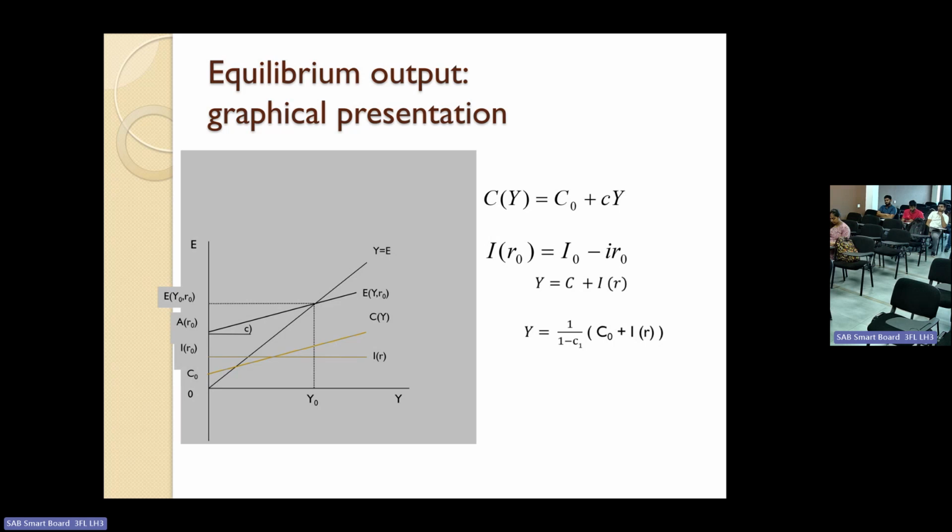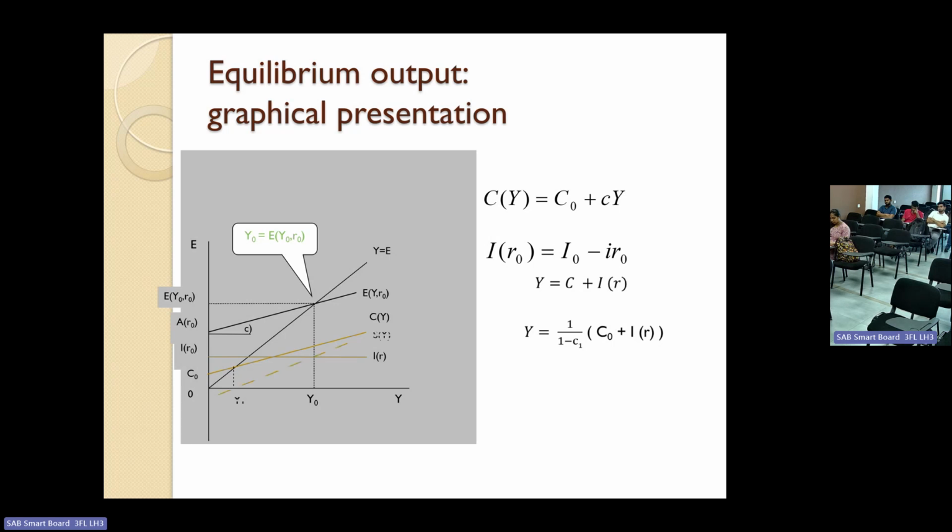If we explain that graphically, we have the injection curve, which in the simple economy is investment, and savings, which is the withdrawal, the other part. We have now identified one equilibrium point, according to the first condition.